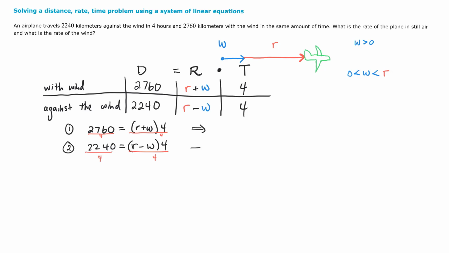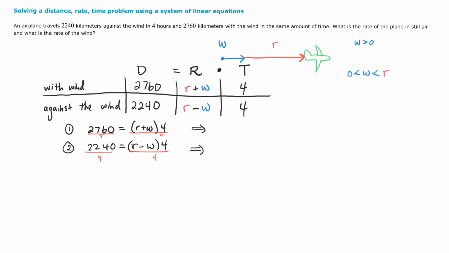And we could simplify. So what are our new equations? Let's find out. You could use a calculator or use some scratch paper.